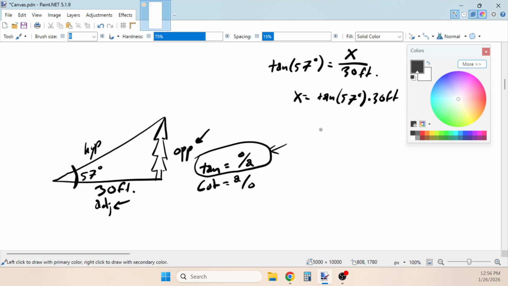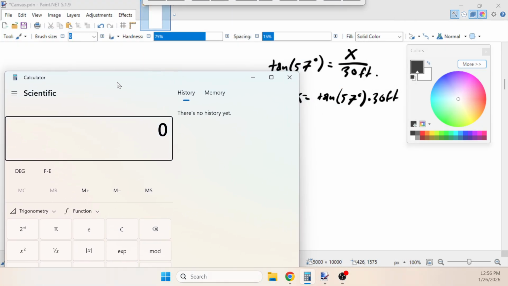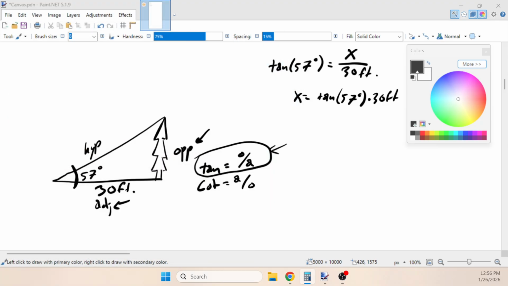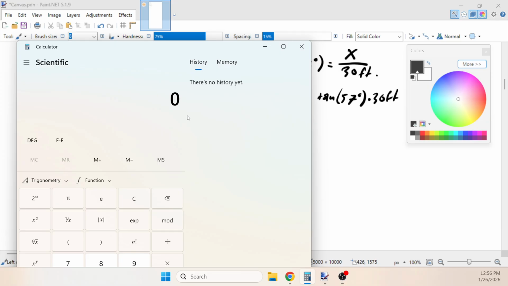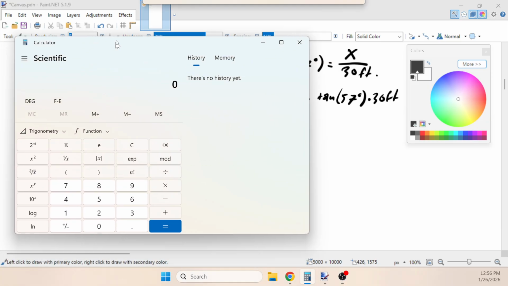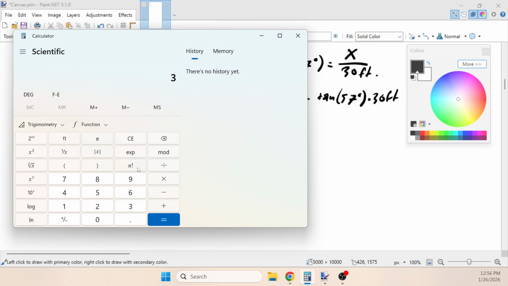And now we pull out a calculator. Big calculator. We probably, with this calculator, I think we have to type in the angle, an angle of 57.